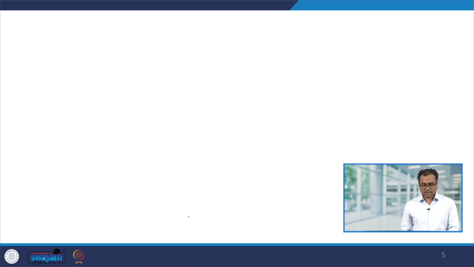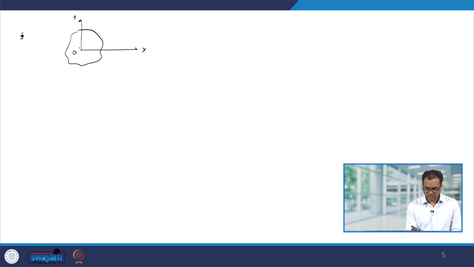So, let us look at the same concept once again. Suppose I have an object or a rigid body, and let us say these are the x axis and the y axis, and the force F is acting on it. This force F I can break into Fx and Fy, then the moment about O was r cross F, but now this F I have broken into two, Fx and Fy.